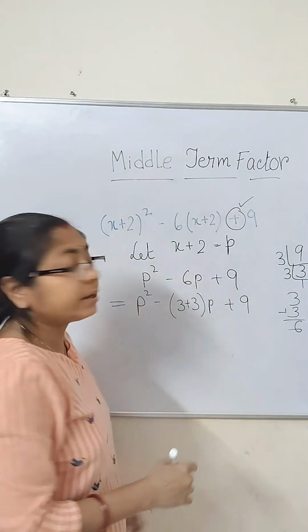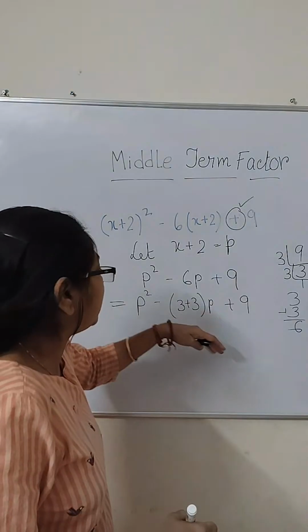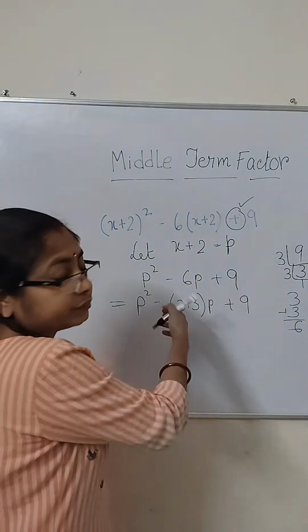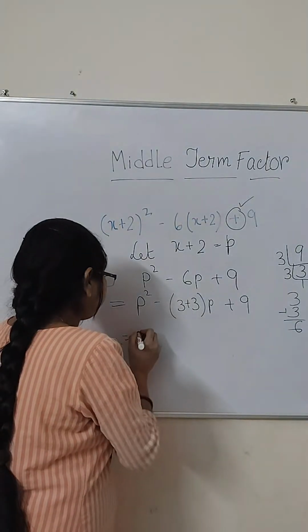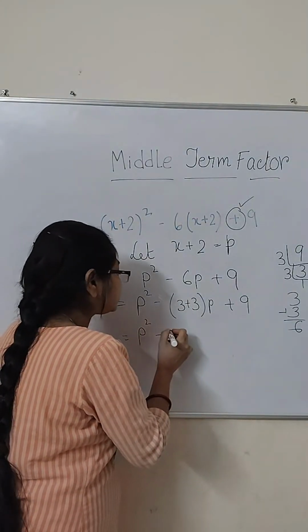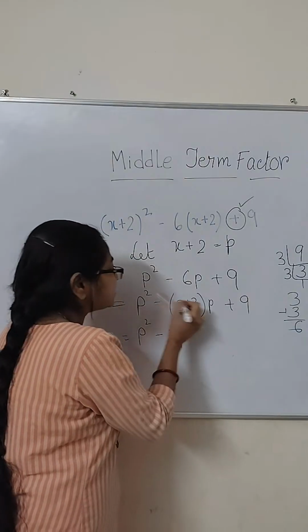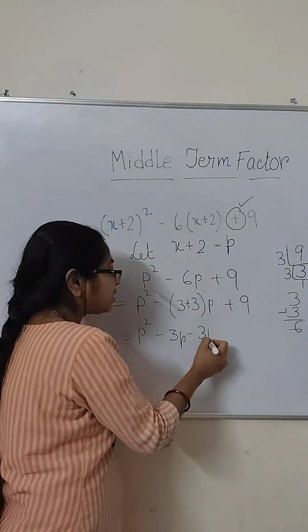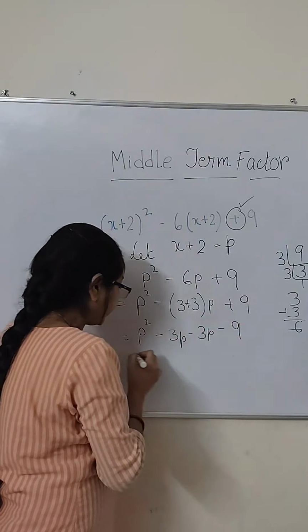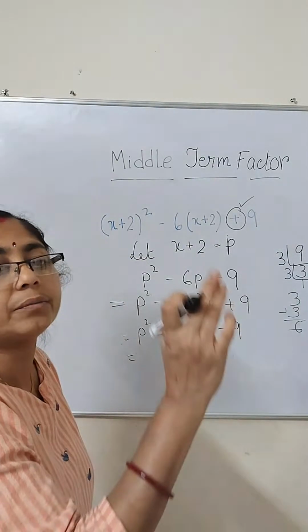Clear? Now you remove the bracket and multiply it by p. p square minus 3p, minus 3p minus 9. Now you take the common from the first two.